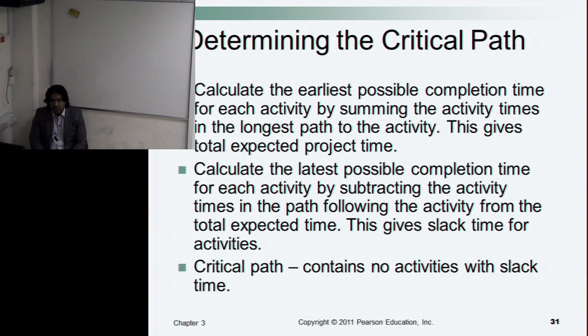Wherever the earliest and latest times are equal and same, there is no slack time. But if there is some difference, there is certain possibility of slack time. Now, critical path in fact contains, as I said earlier, no activities with the slack time.